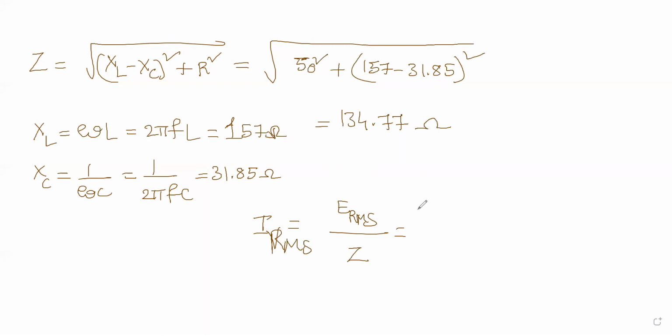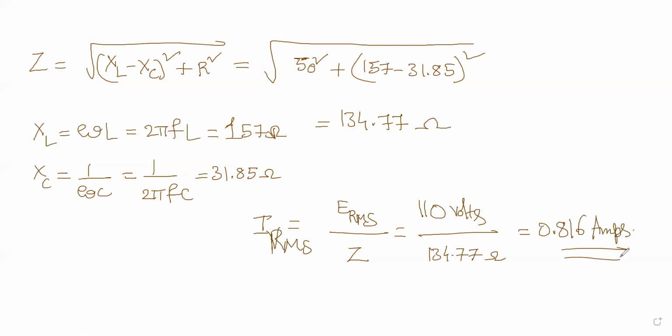That is the measurement by any system, so you have to measure 110 volts using some instrument. Divided by Z, 134.77 ohms, this works out to be about 0.816 amps. So that's the RMS value of the current.